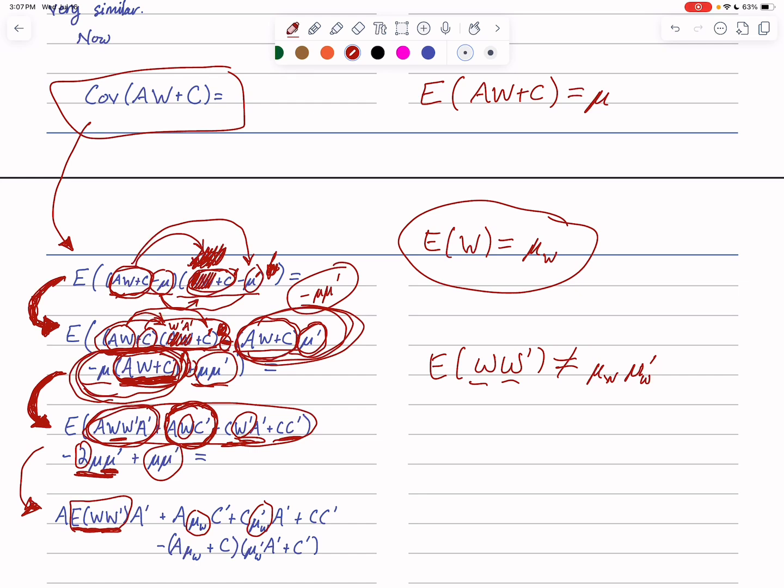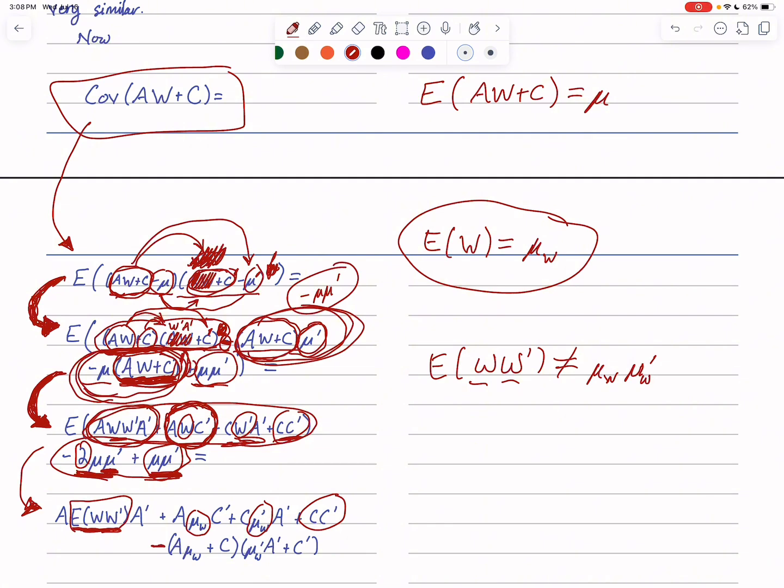This is nothing but a constant, so it just stays constant like that. If we take these two terms, this is minus 2 mu mu prime plus mu mu prime, so that's just a single one. It's just minus, so that's why I have a minus here. It's minus mu mu prime.